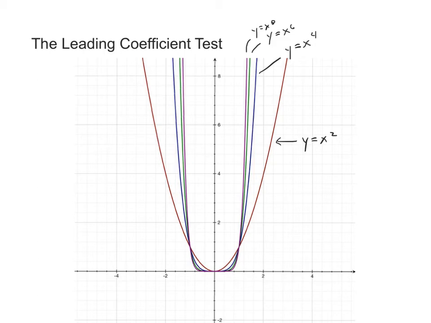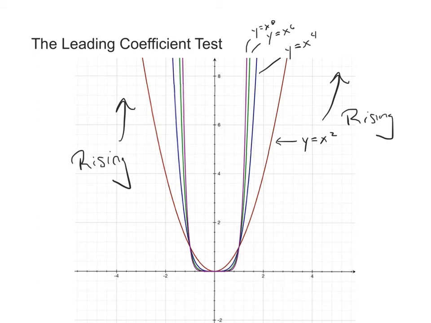And what you're going to notice is that all of these have an even degree, 2, 4, 6, and 8. And even degreed polynomials have the same basic shape here, where on the left side and the right side our function is rising. So left and right, our function rises.